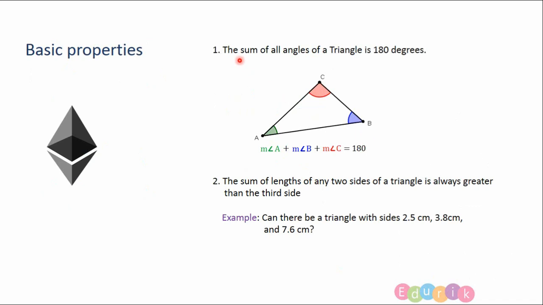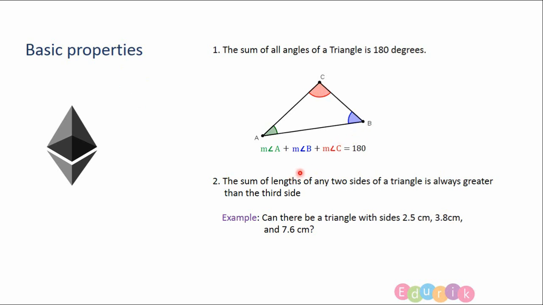Now let's have a look at some of the basic properties of a triangle. The first and foremost thing which you should know about any triangle is that the sum of all the angles is always 180 degrees. This point has been articulated already.